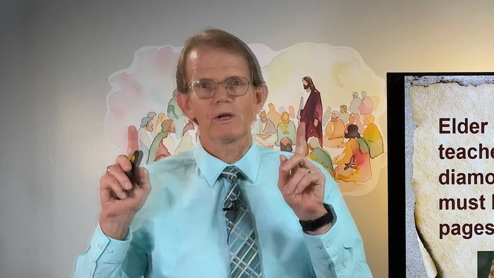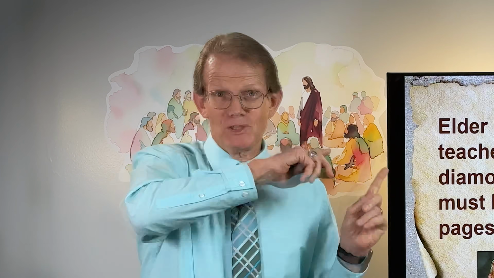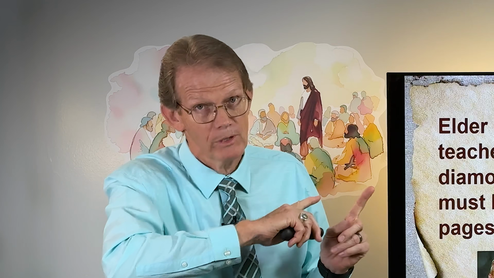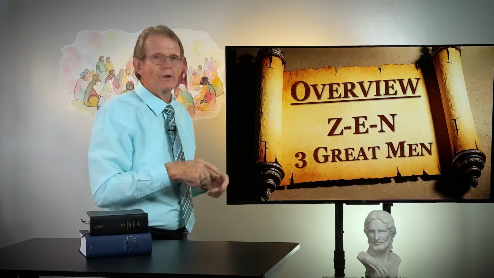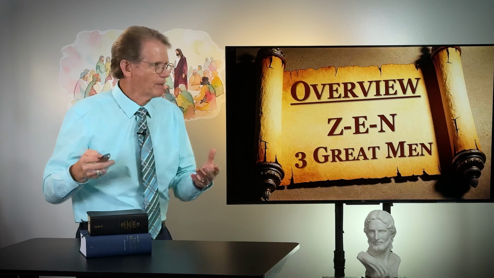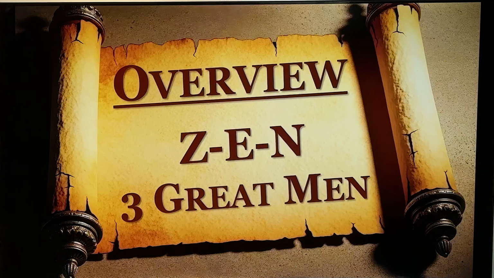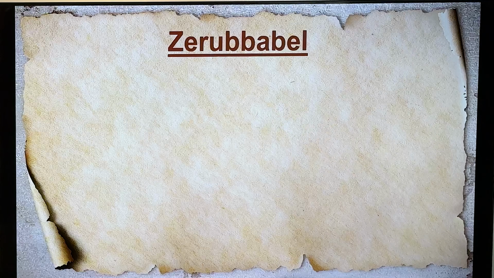Now, it's going to appear like a total contradiction to what I just said, because we're going to jump into the history. But hang with me here. We're going to do an overview of the books by talking about ZEN, three great men.